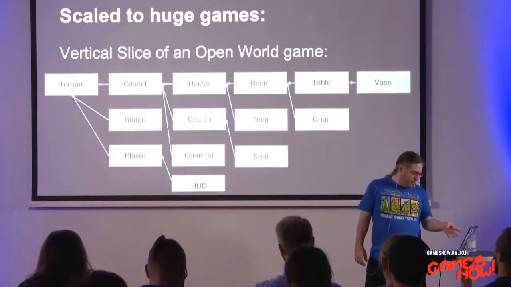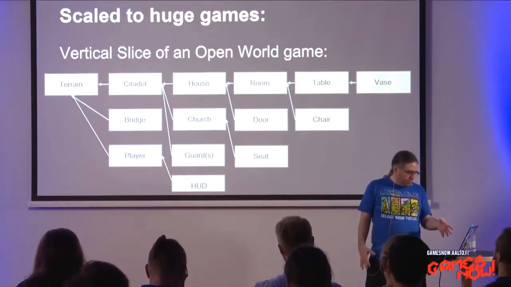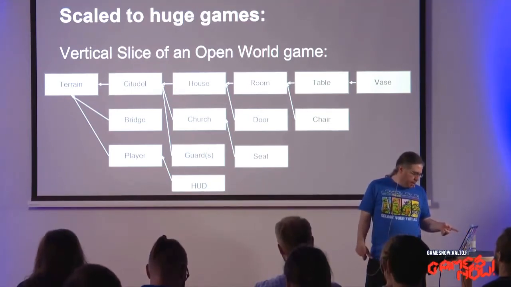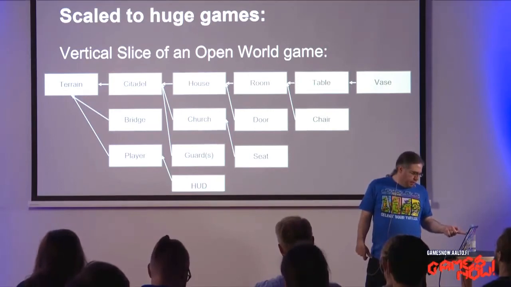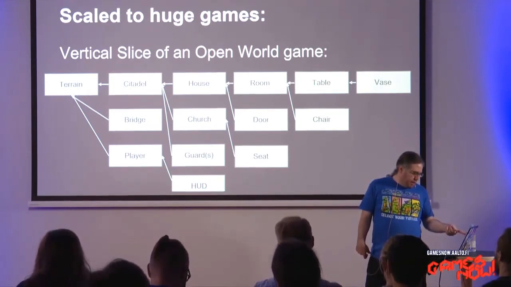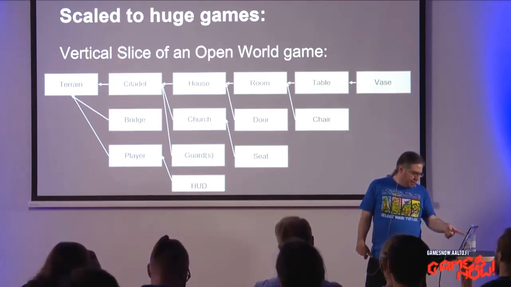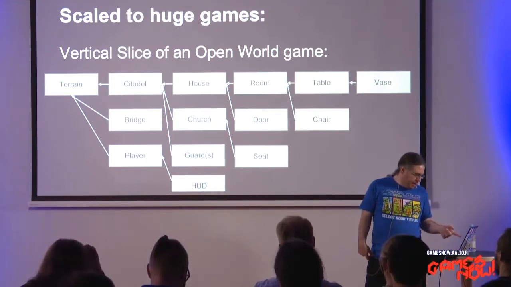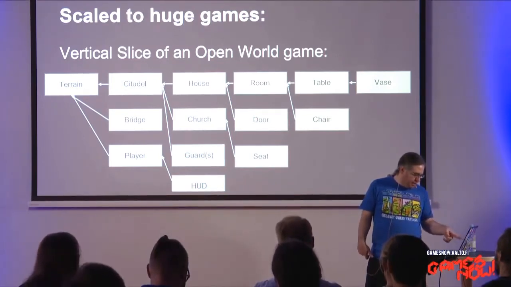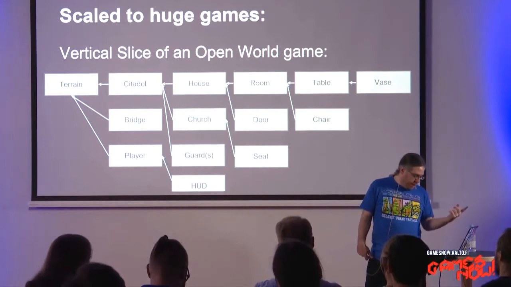And you can do this on a huge world, right? And so here you have that example, like maybe you have the terrain with a house and a room and a table and a vase, or the player with the hat, and so on, right?